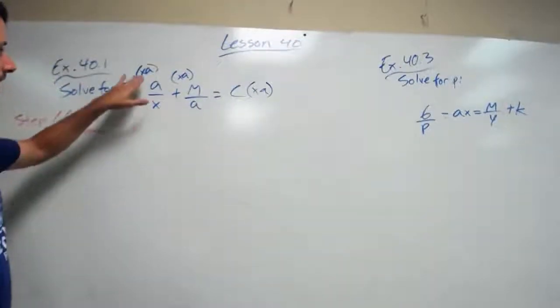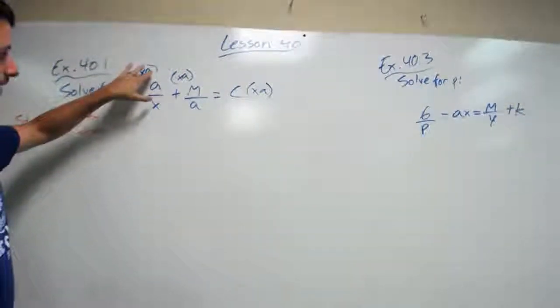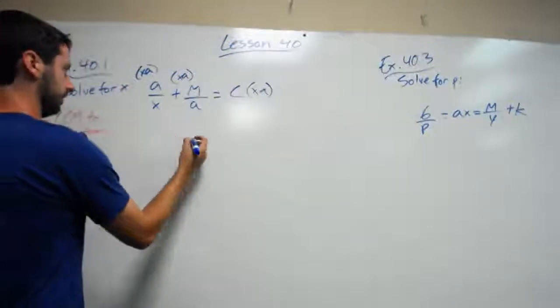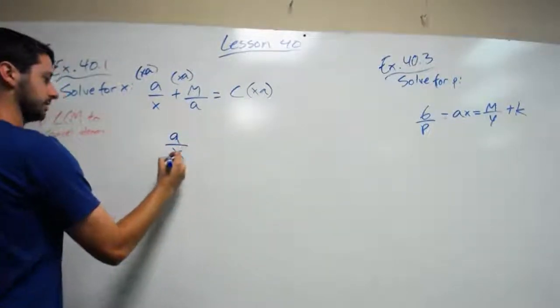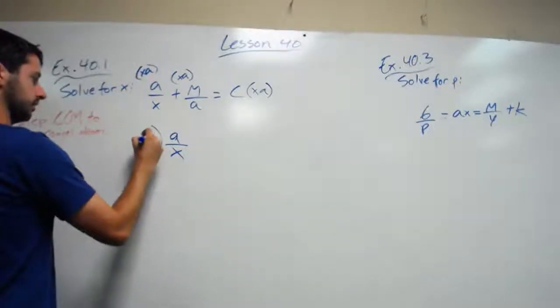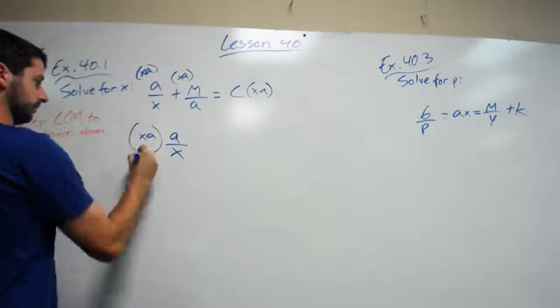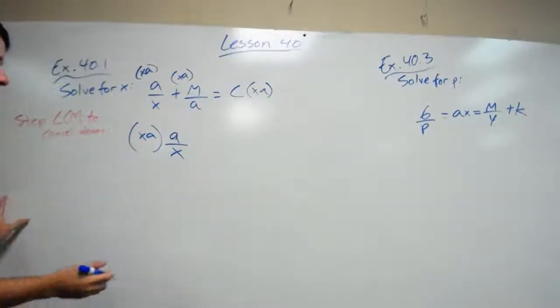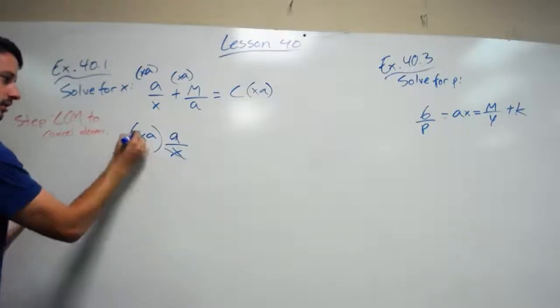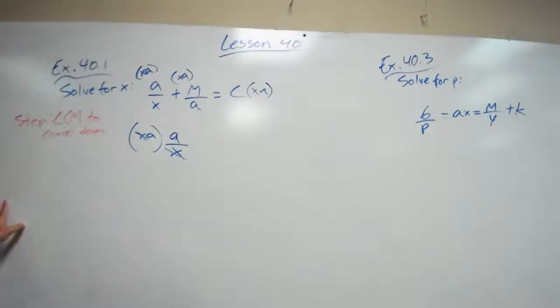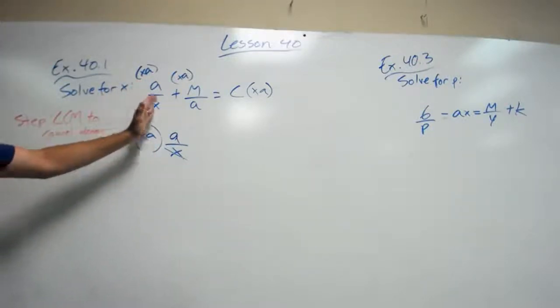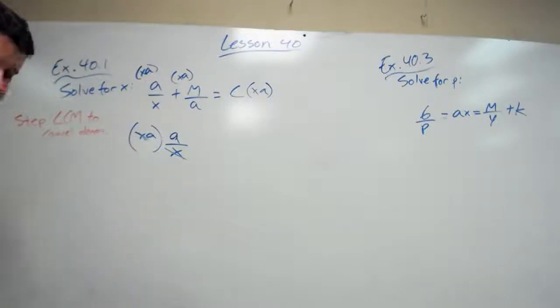Let's look at it this way: a over x times x over a. Well, the x's can cross out, because in a sense we are multiplying each one by what it is missing.